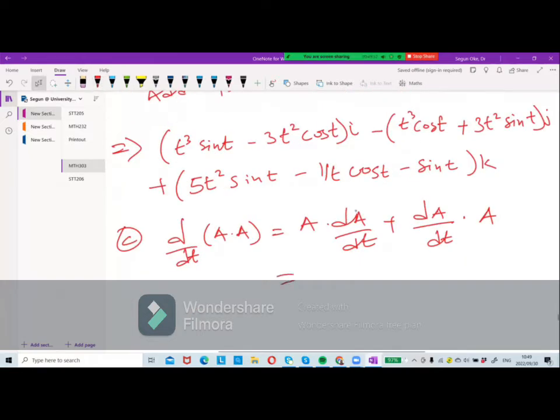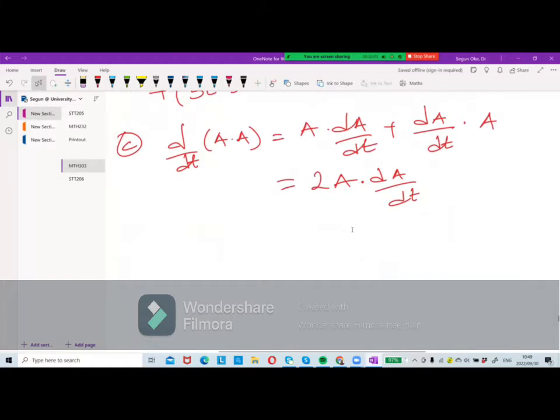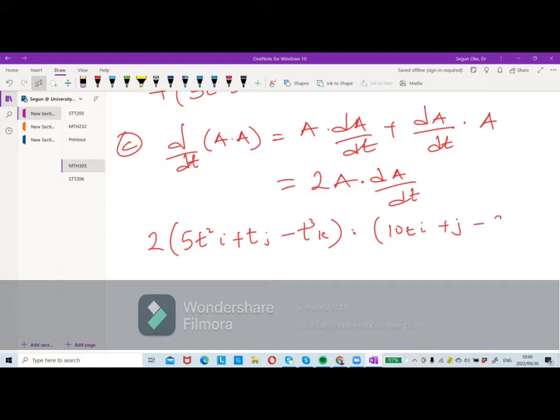So this particular one will give you 2A dot dA/dt. You know A already. Our A is 5t squared i plus 2k plus tj minus t cube k, dot 10t i plus j minus 3t squared k.